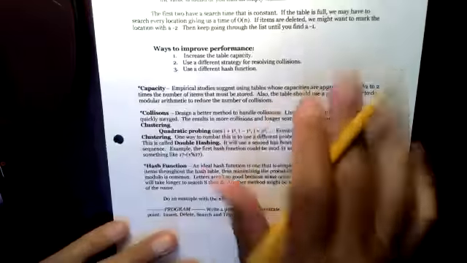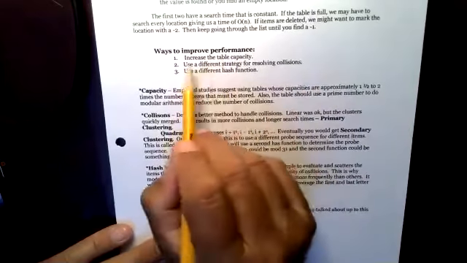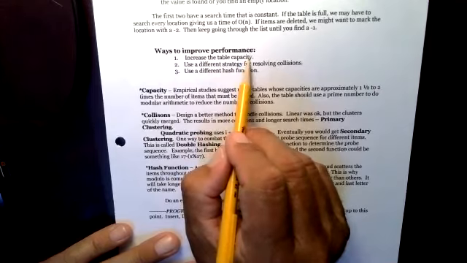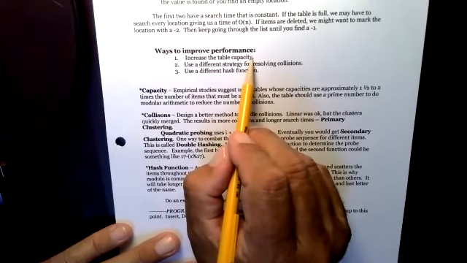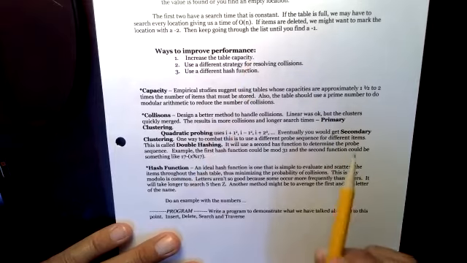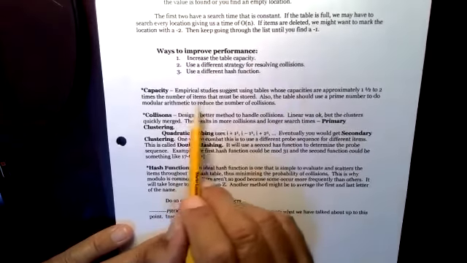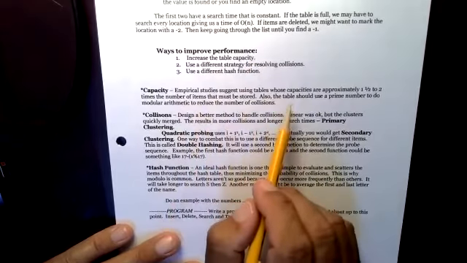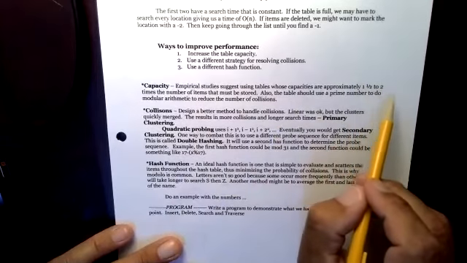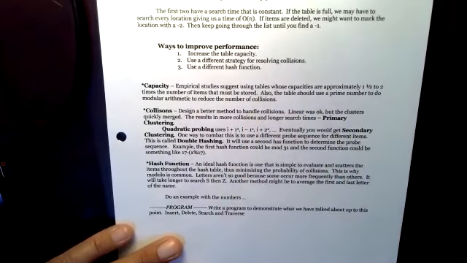All right, ways to improve performance. Increase the table size. Instead of having an array of 1,000 to store 31 numbers, or an array of 31 to store 31 numbers, studies have shown that we'd like to have a table size of 1.5 to 2 times the number stored.